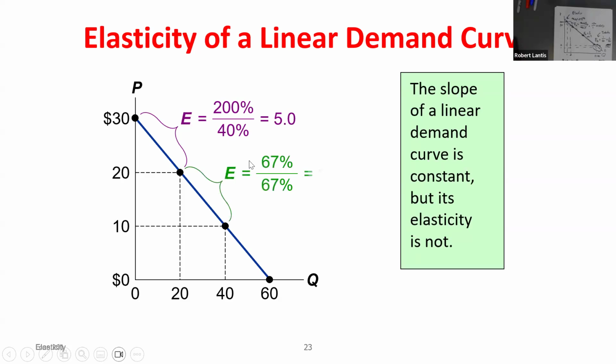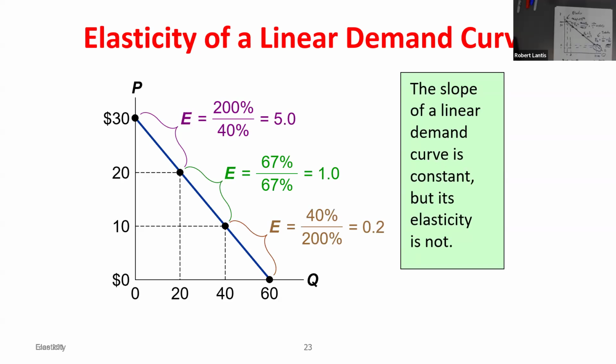If I were to keep lowering the price, I eventually see there's a portion of my demand curve in the middle where the percent change in the quantity demanded is the exact same as the percent change in price. So my demand would be unit elastic. And then if I continue to think about decreases in the price, I eventually get to this point where the percentage change in my quantity demanded is less than the percentage change in price, and I'm on the inelastic portion of my demand curve.